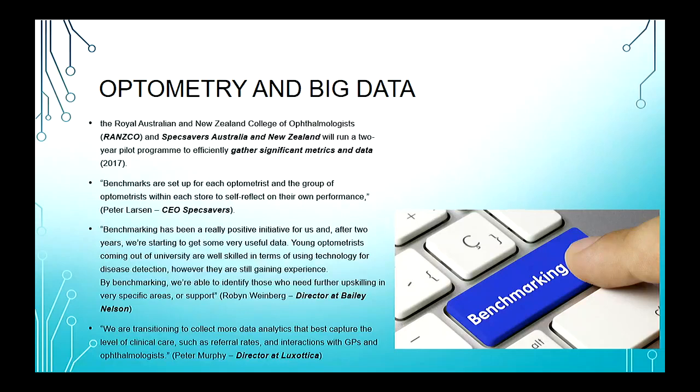If you work for some of these companies, your performance will be benchmarked against everybody else. Specsavers already published that: the number of referrals per practice, the number of patients seen.